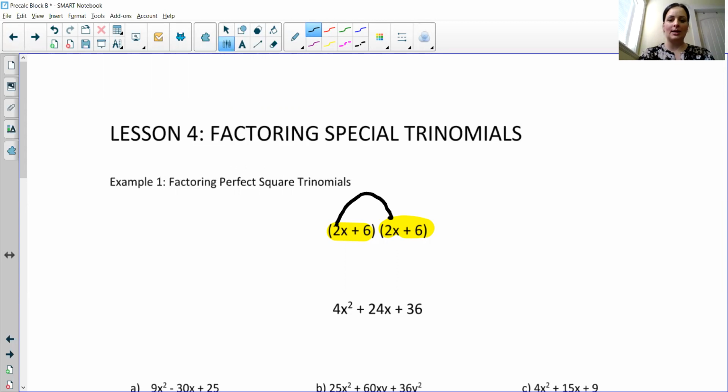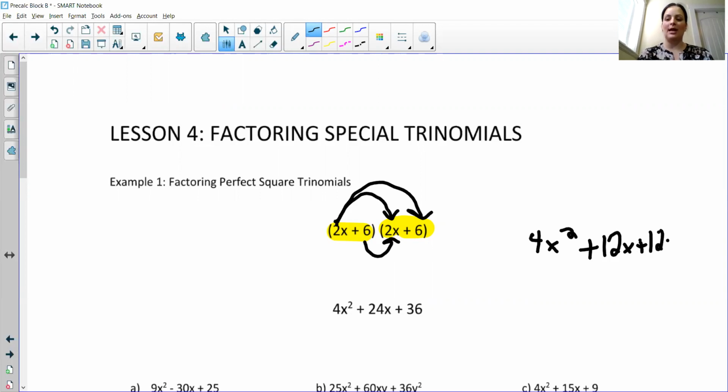So 2x times 2x is 4x squared. 2x multiplied by positive 6 is going to give us positive 12x. 6 times 2x is going to give us another 12x. And 6 times 6 is going to give us a positive 36.